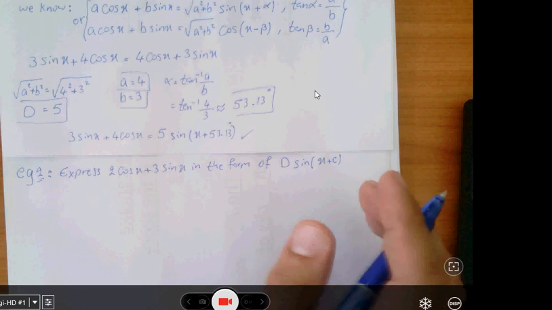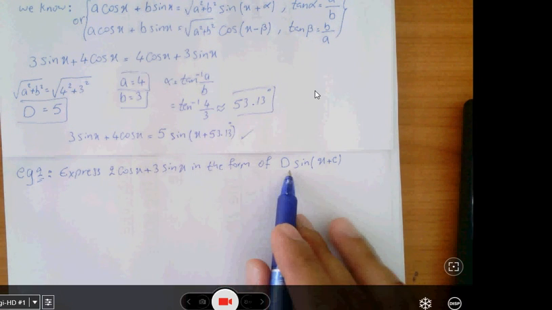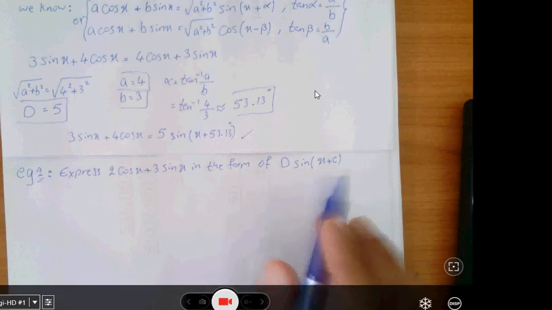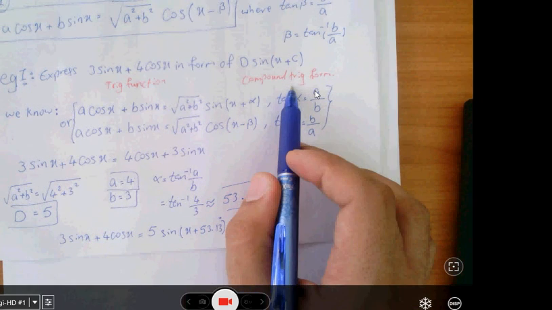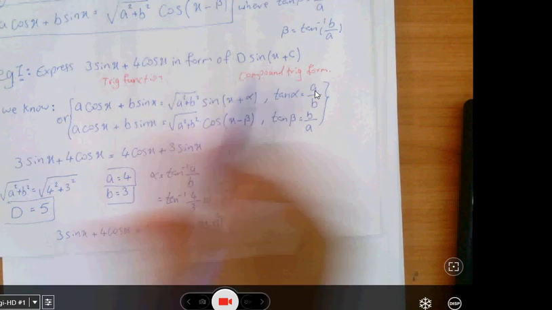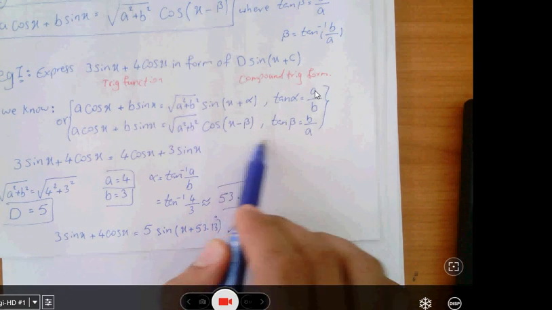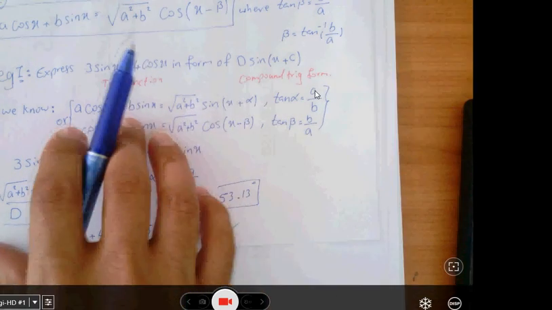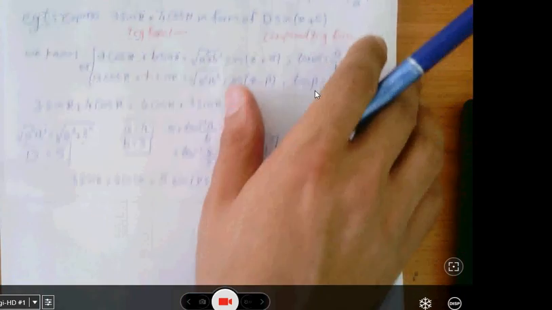In these types of questions, they might not tell you that you need to write it in this form. All they're going to tell you is the generic form of a compound trig form. That means you're free to choose which format you want to go by. Hopefully, they will restrict your options, because more options doesn't usually mean happiness.